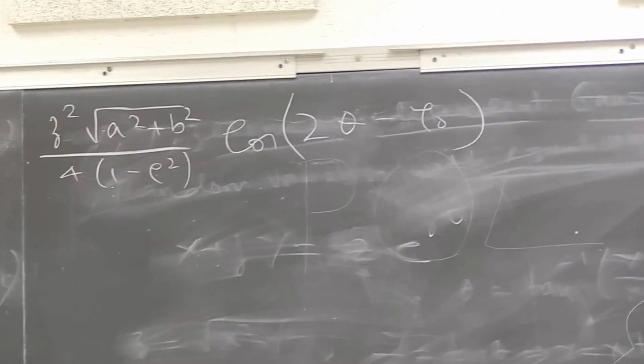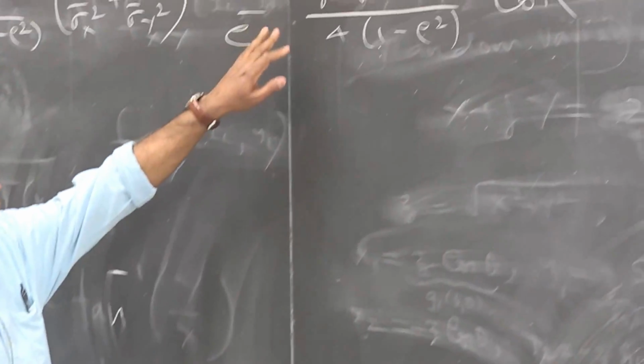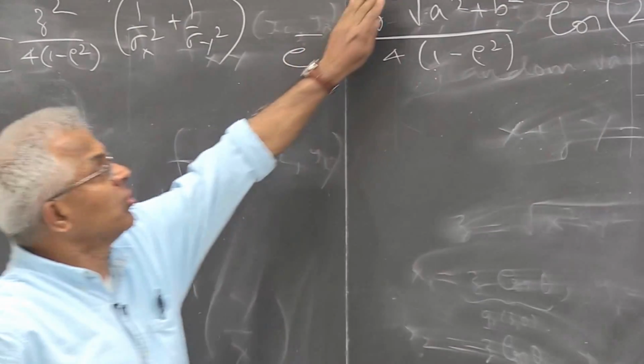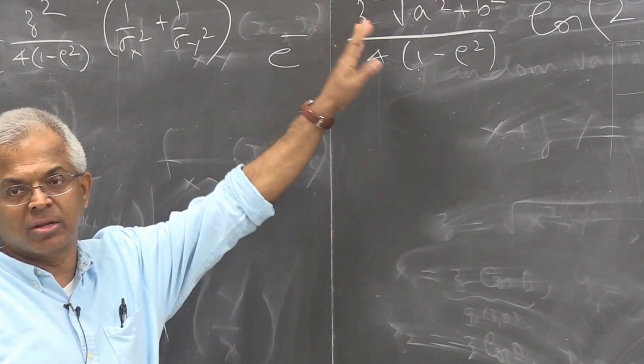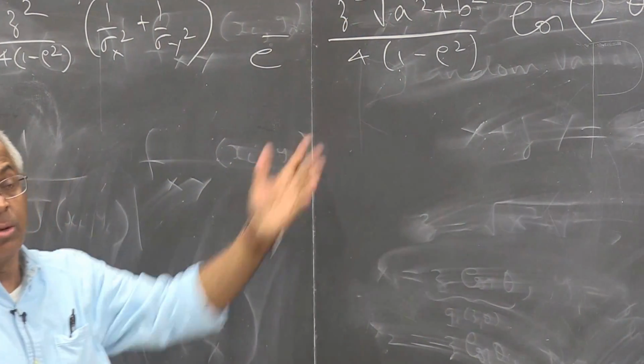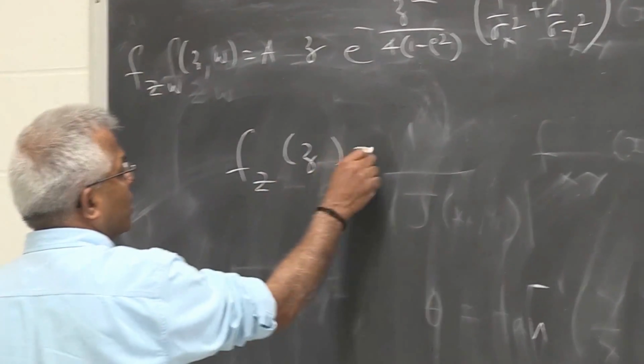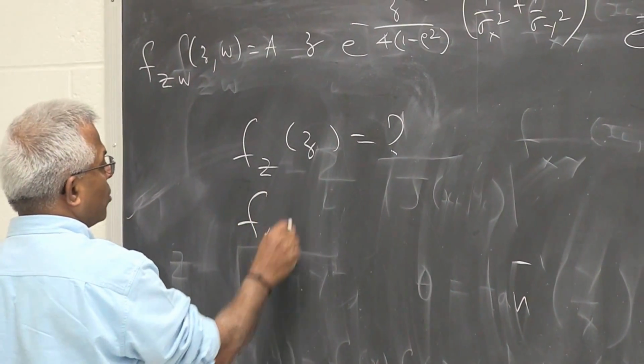But you see, at this point, unfortunately, we can't conclude. If there was no Z, at least you could say theta and Z are independent. But Z is there in both the terms. But now the next job is to find Z and then find theta.